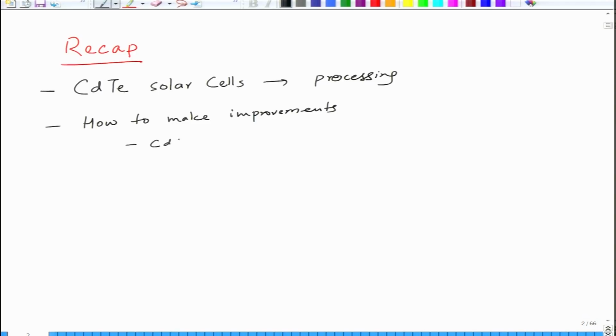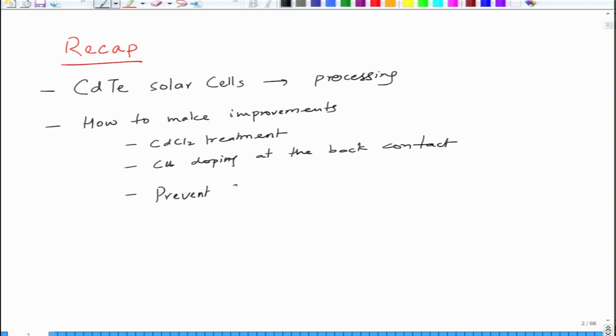So, one was CdCl2 treatment, copper doping at the back contact, and preventing interdiffusion between CdS and CdTe.